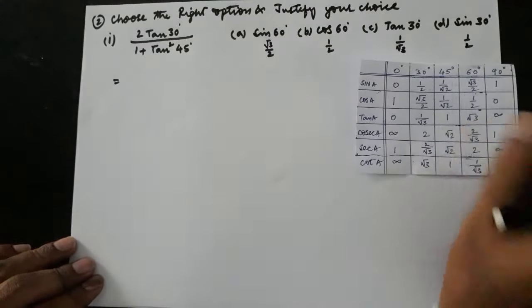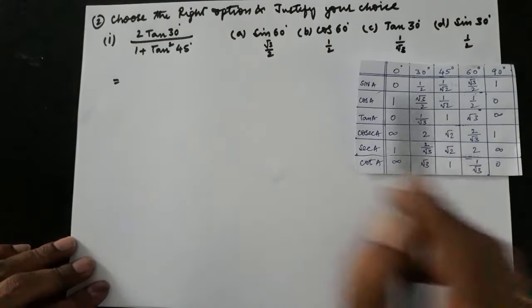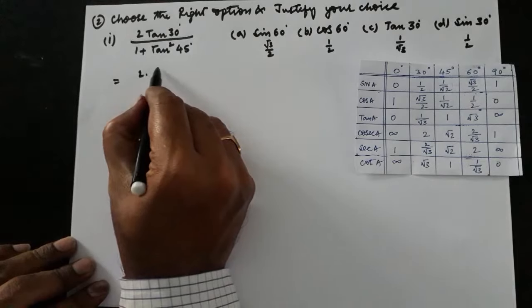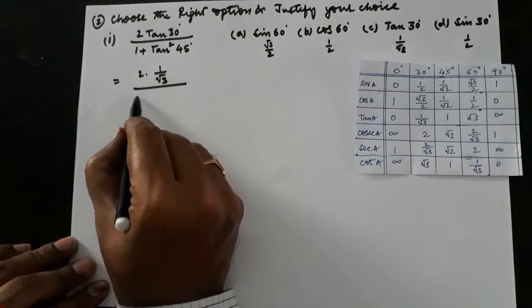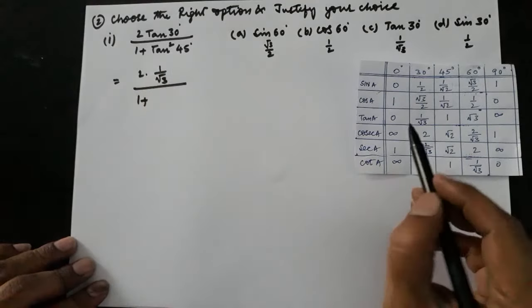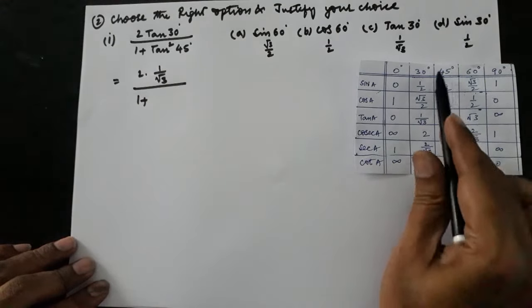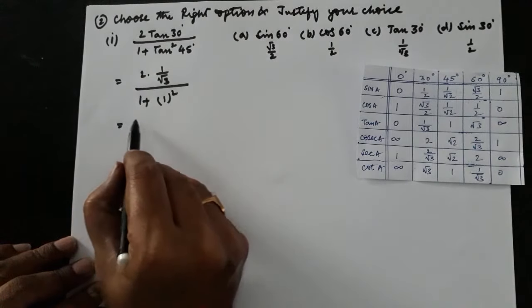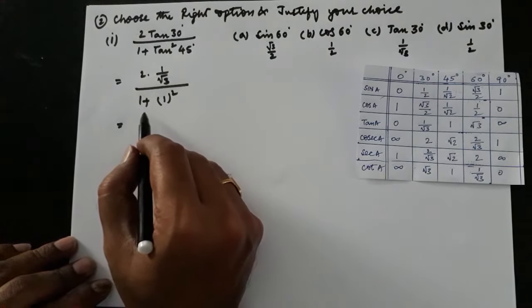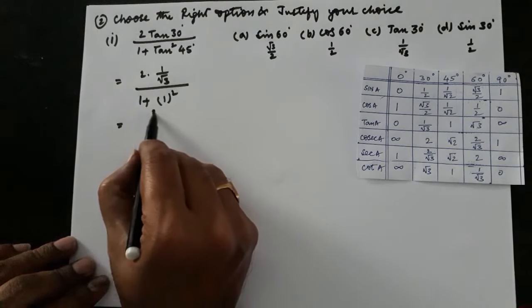So we need to calculate this one. 2 tan 30. What is tan 30? 1 by root 3. So 2 into 1 by root 3, divided by 1 plus tan square 45. Tan 45 is 1, so 1 square. On the numerator we have 2 ones are 2 by root 3.